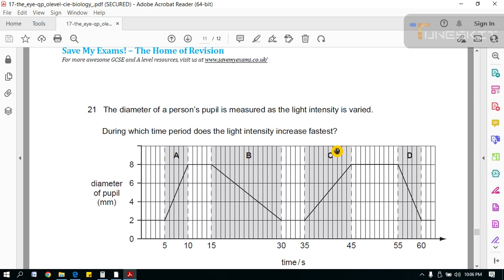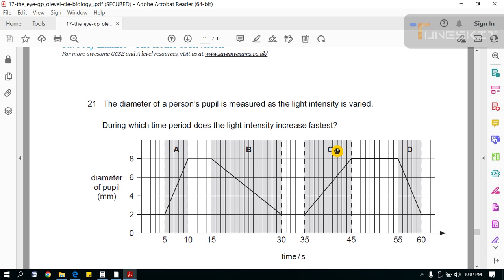the diameter of a person's pupil is measured as the light intensity is varied. During which time period does the light intensity increase fastest? Diameter of the pupil and time.